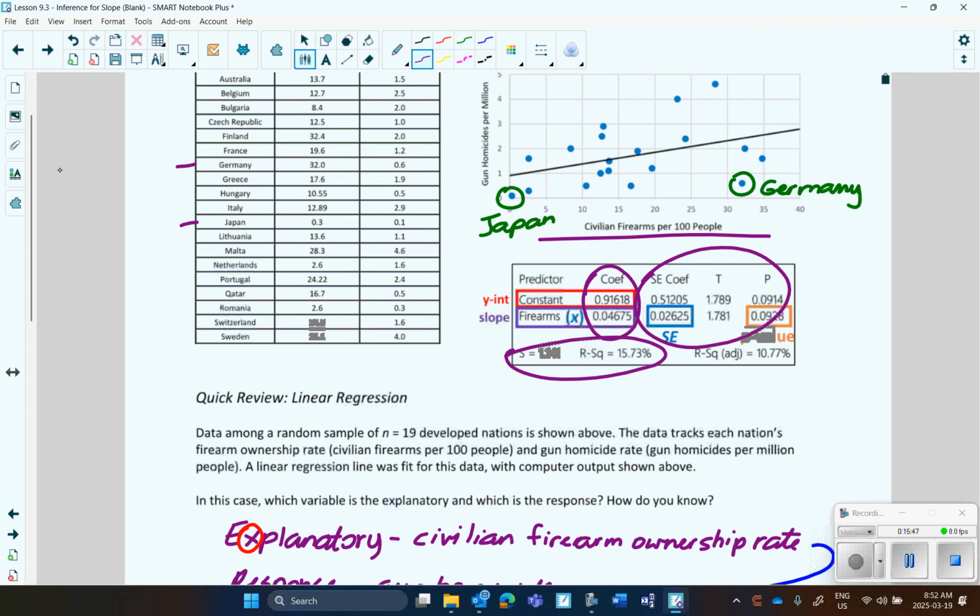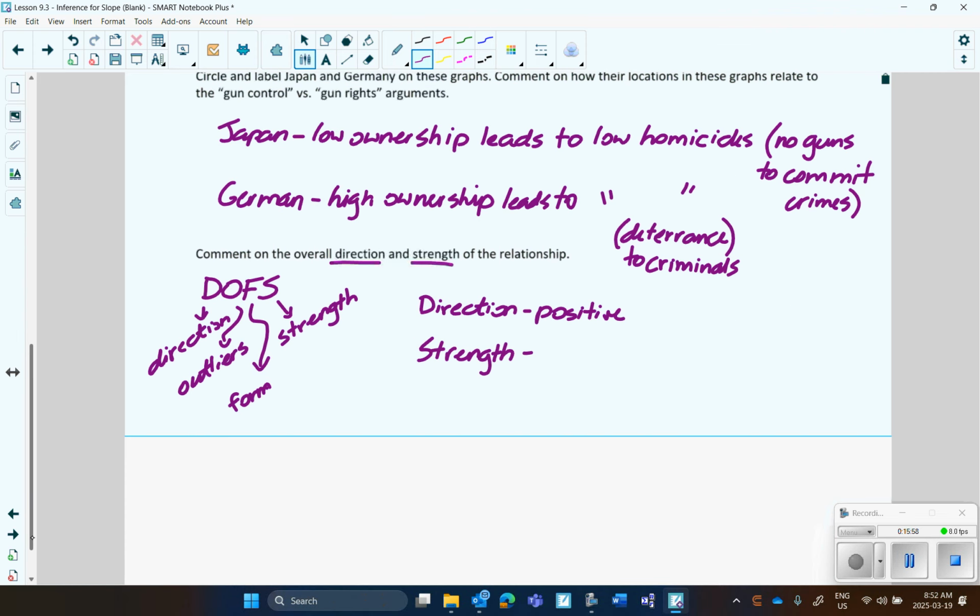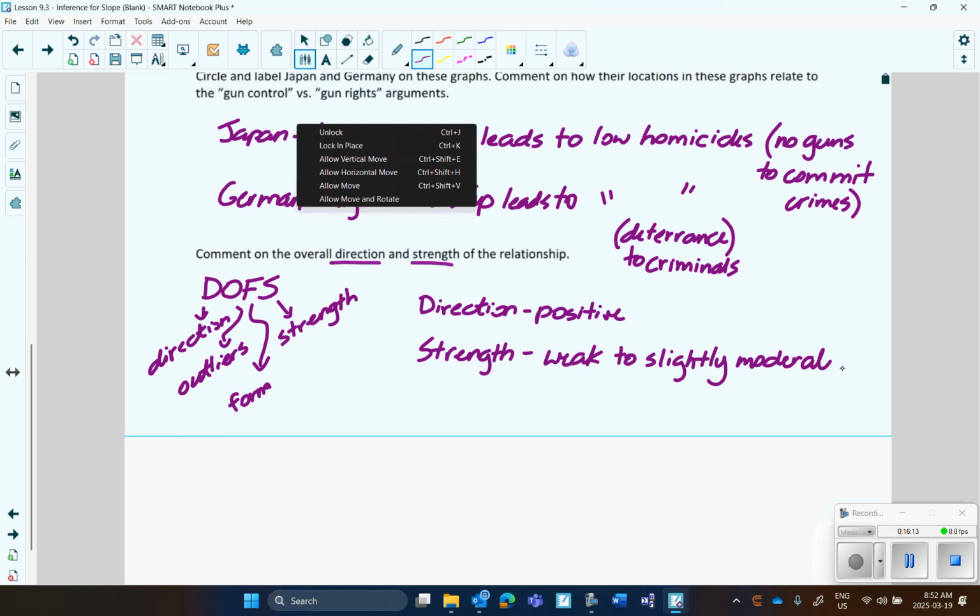There's a few that are quite higher and some that are quite lower. So definitely no more than moderate. I would even go as far as saying weak, slightly moderate. Which tells us that perhaps there isn't much of a relationship between the two. But that's not proper inference. We have to go further.